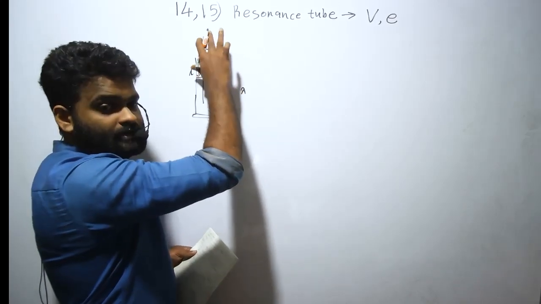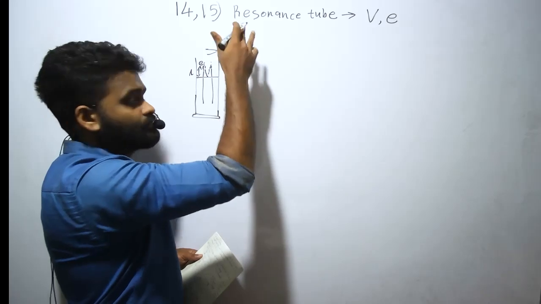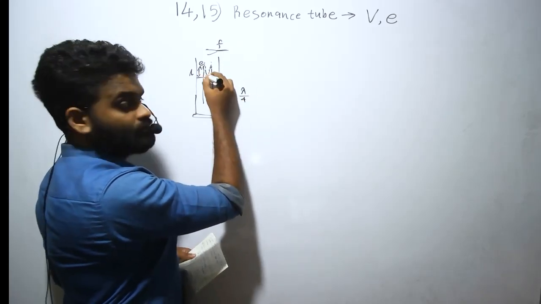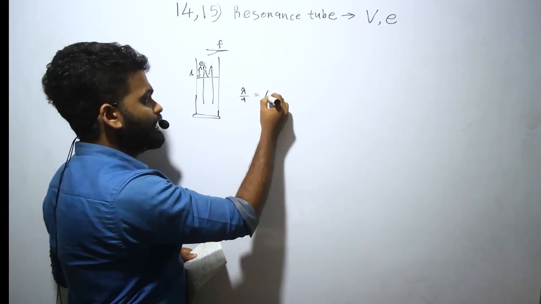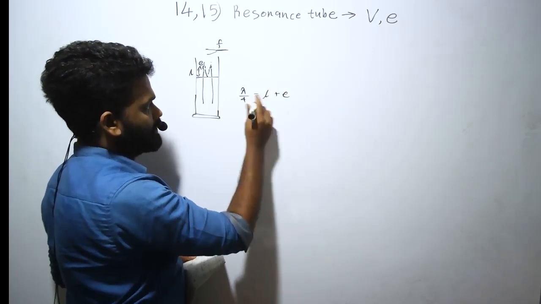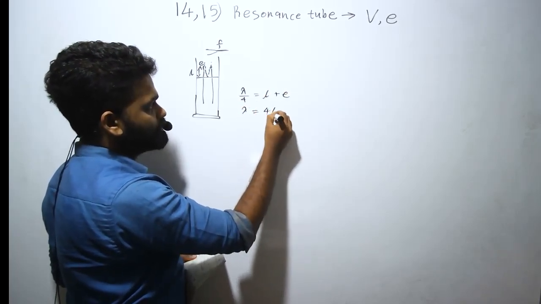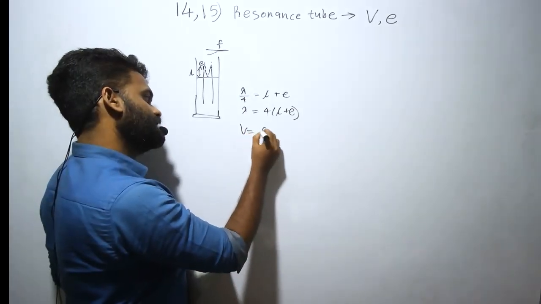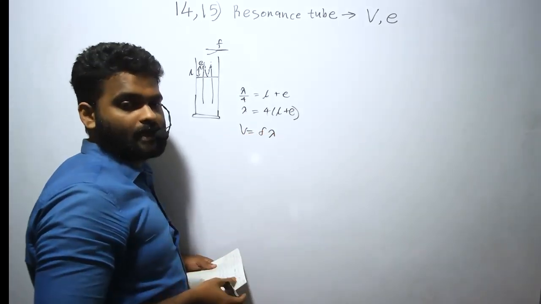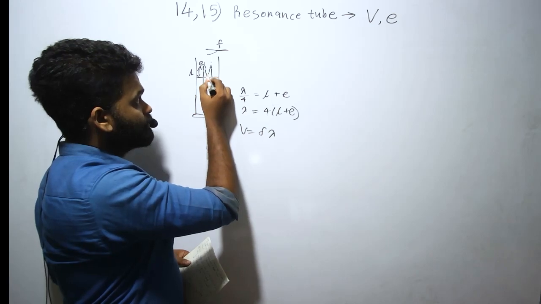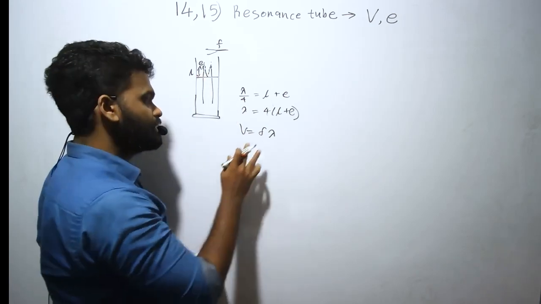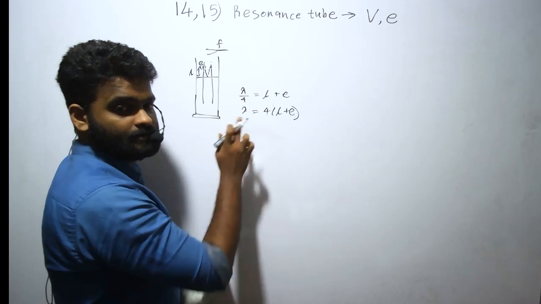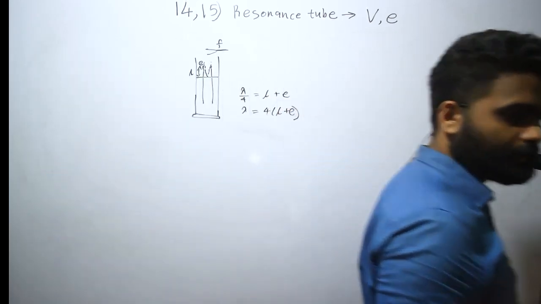We are going to use different forks, about 6 forks. So here, lambda over 4 is equal to L plus e. Then lambda is equal to 4 times (L plus e), right? Then you are going to apply this equation, v equals f lambda, for the fundamental form, right? Draw this and write these equations, and thumbs up once you're done.